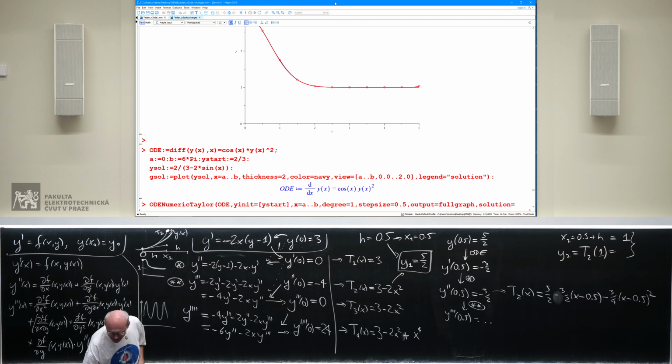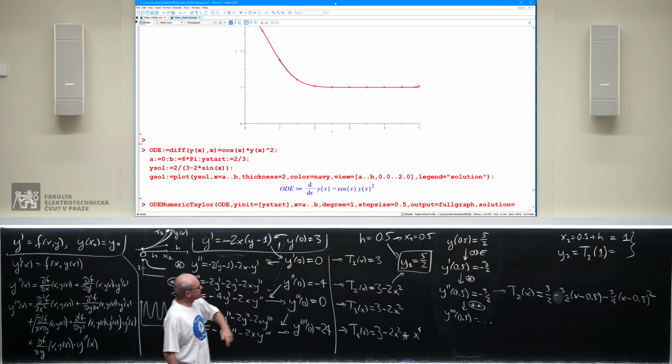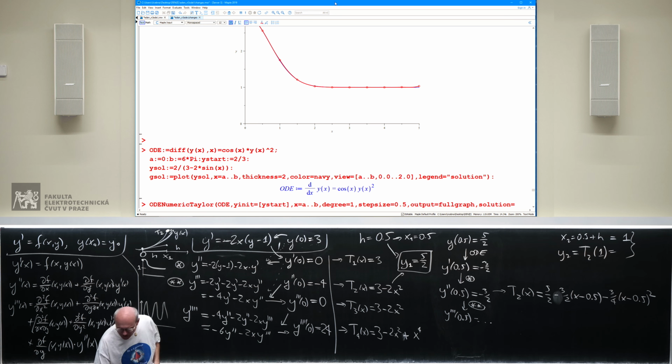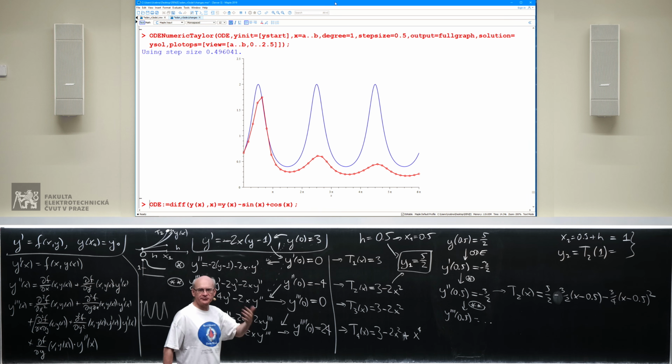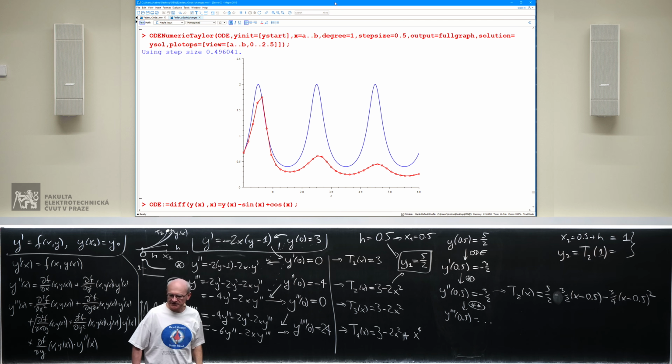And the first degree that I chose is degree 1. So we will actually be using tangent lines, which means we will be using the Euler method. Here we go. And this is the picture that we have seen before when we were developing formulas for approximating errors. Exactly this picture. It behaves as expected.